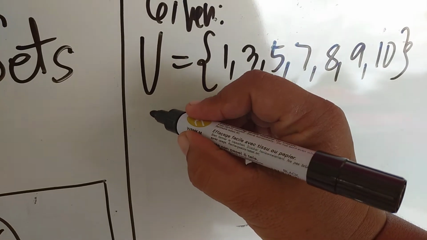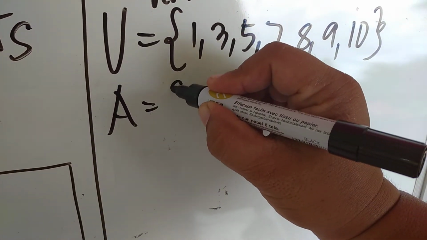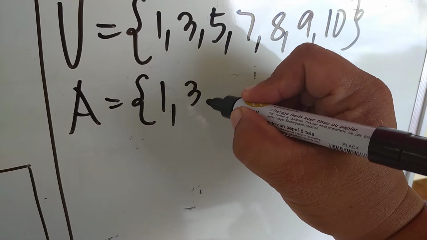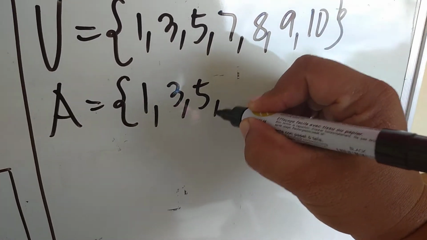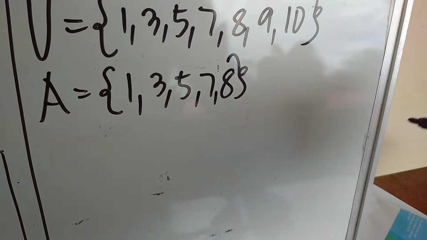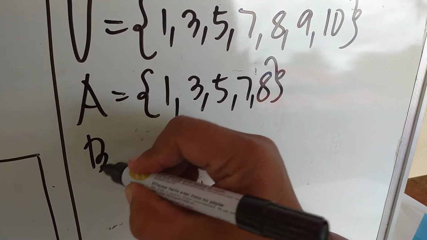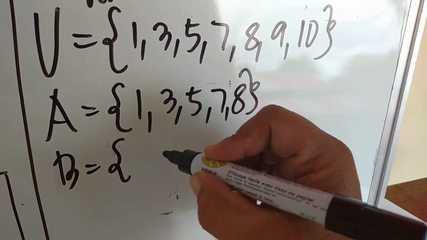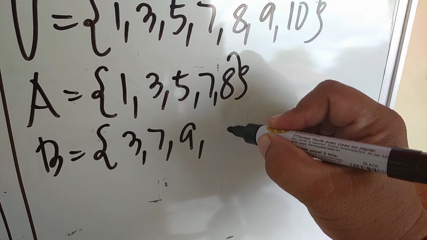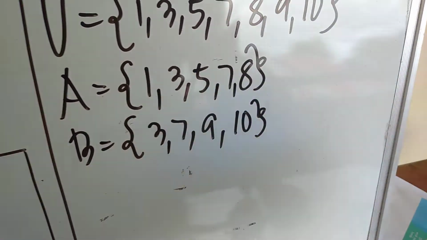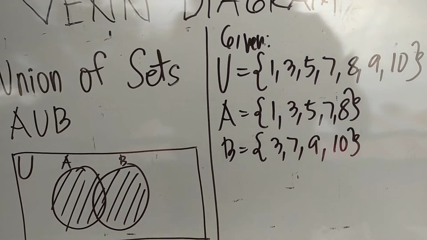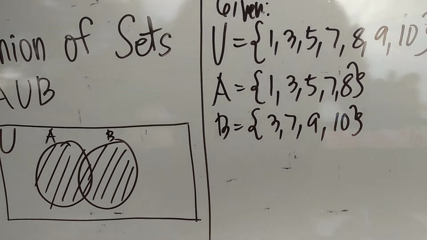Then if we have set A, your set A contains the elements 1, 3, 5, 7, and 8, and then your set B contains the elements 3, 7, 9, and 10. Okay. Let us illustrate this in a Venn diagram.